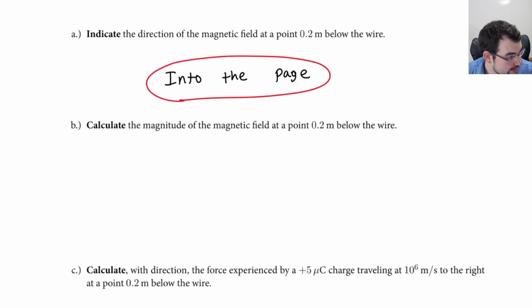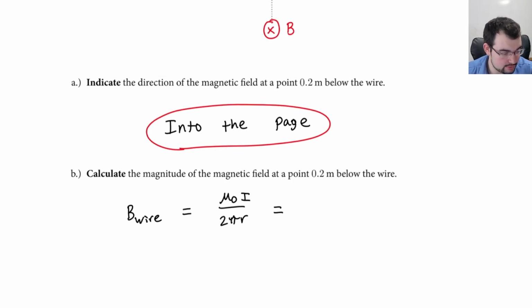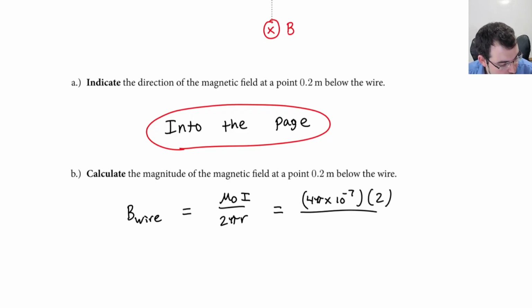Now we'll calculate it. The magnetic field from a wire is defined as mu naught I over 2 pi r, and we know all of these things. Mu naught is a constant, it is known. It is 4 pi times 10 to the minus 7th. Our current was 2 amps, and our distance is 0.2 meters.